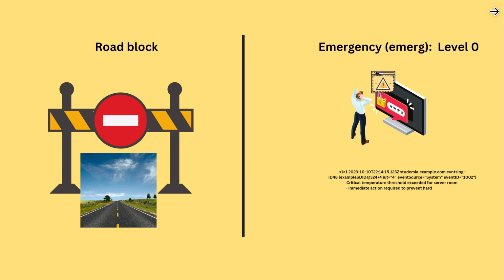Similar to the computer system, emergency means level 0, and the computer will generate a log message stating, for example here, the example event log, then event ID, event source, and it will tell you the critical temperature threshold exceeded for the server room. Immediate action is required to prevent damage.